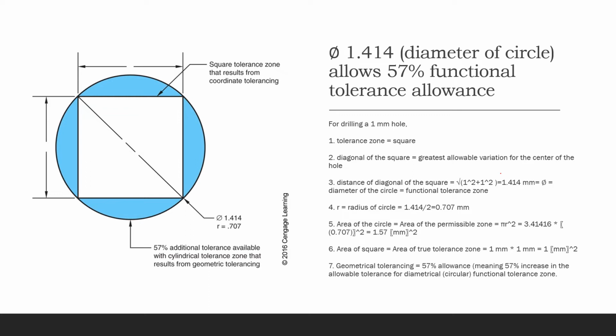Okay, what's the meaning of that? Meaning a 57% increase in the allowable tolerance for diametrical, which is your circular functional tolerance zone. Right here.